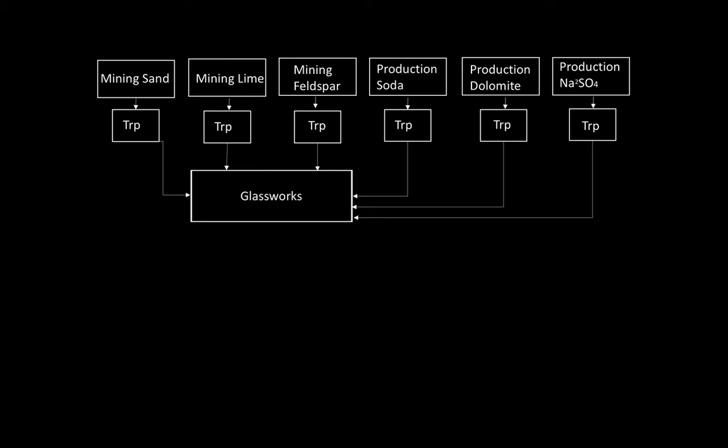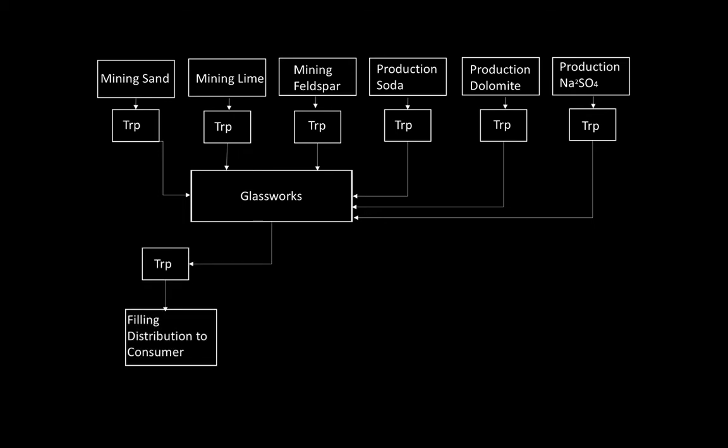All these parts shall be transported into your glassworks, and all these must be charted and analyzed. Then the bottles will be transported to a filling and distribution center where they are distributed to the customer. After this, you have 3 different systems that should be compared.